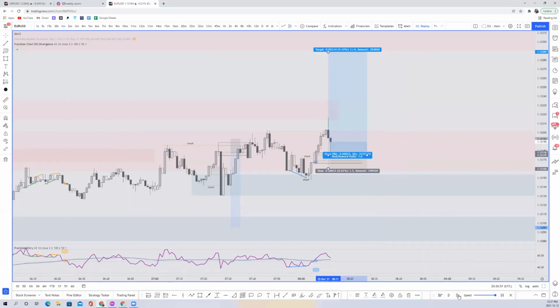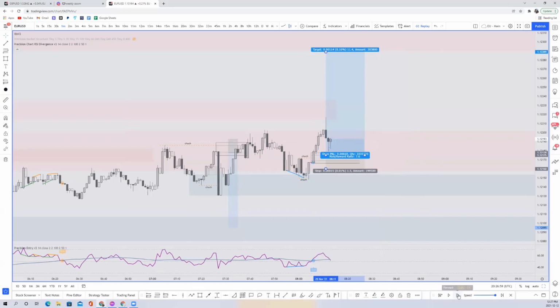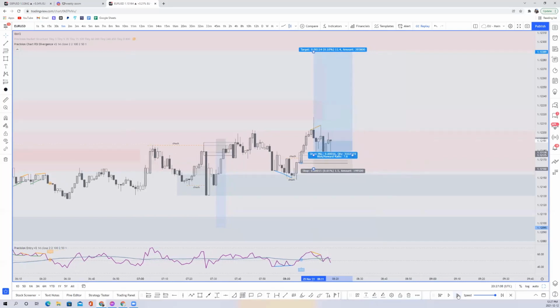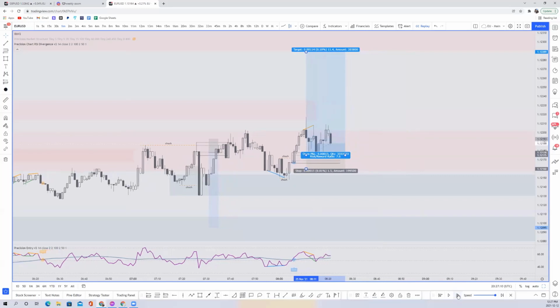So where's my thing? Here we go. And from a management perspective too, 1 minute boss guys, it's usually a good area to break even. So we never had the opportunity to break even here, so we took a hit.